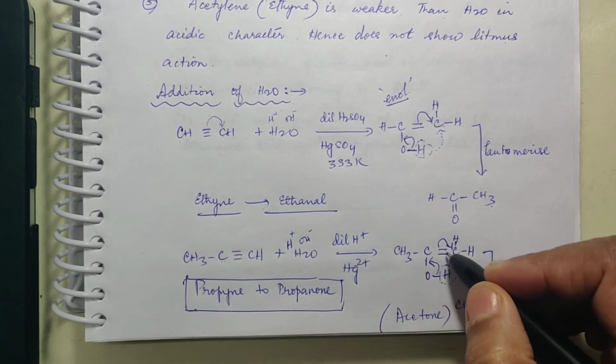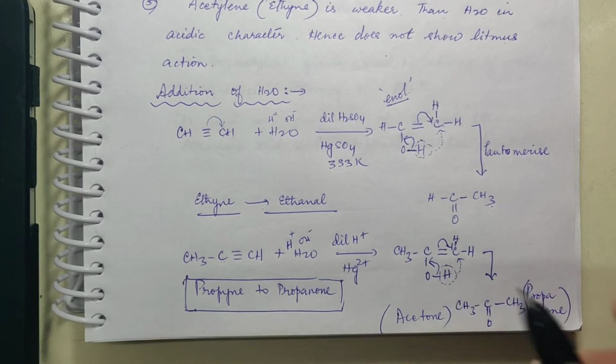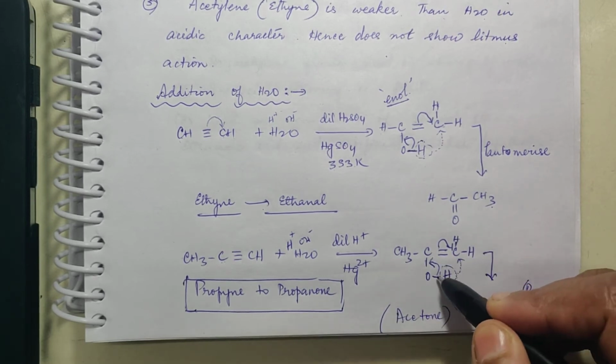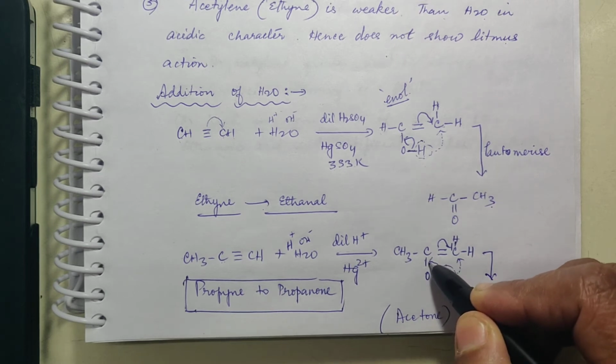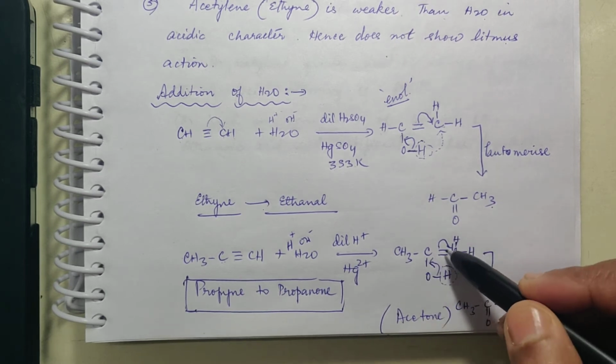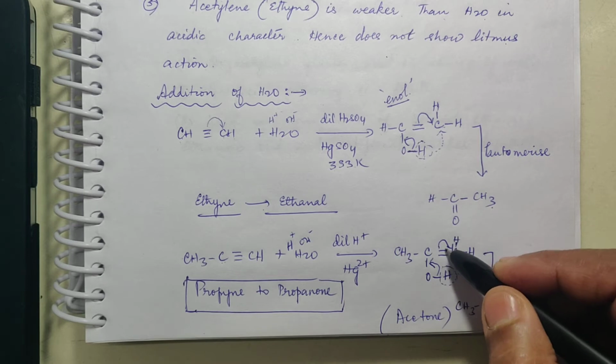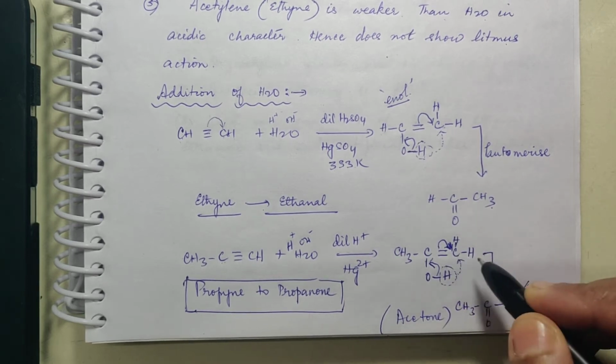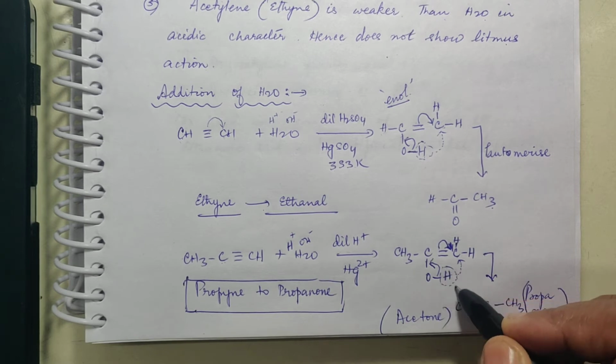Now this is again an enol. How is this tautomerizing? See, this OH bond will go towards the carbon and it will become a double bond, and simultaneously this bond will shift towards this carbon. So this carbon will become C minus, and this C minus will attract H plus from here.